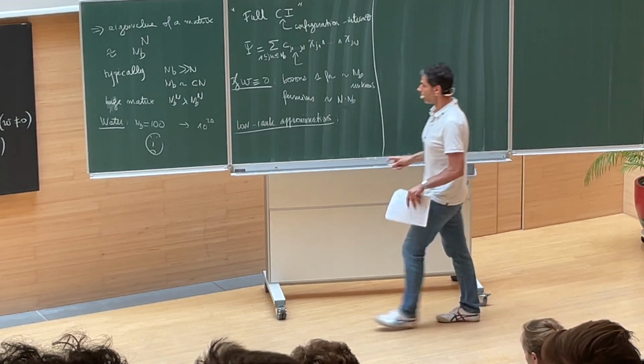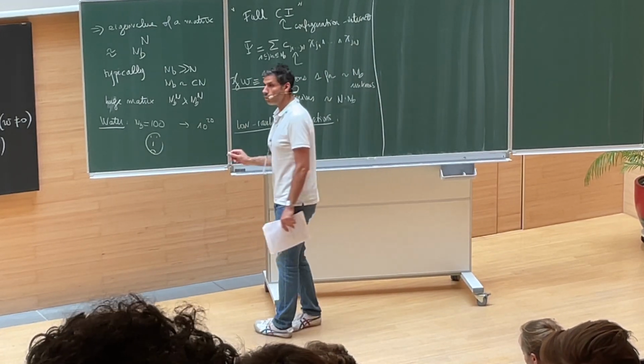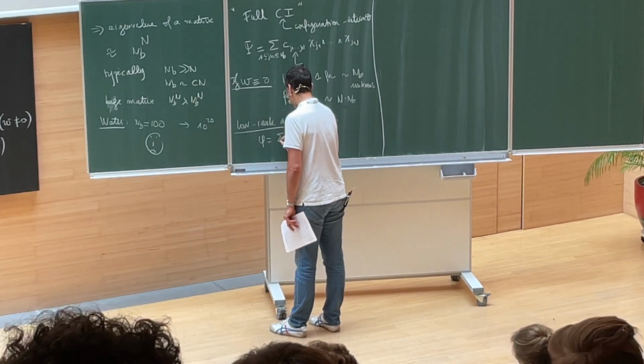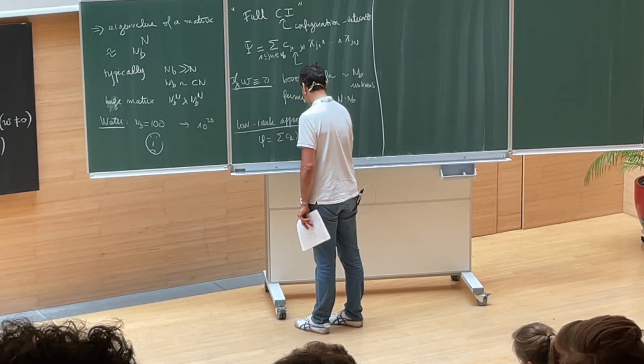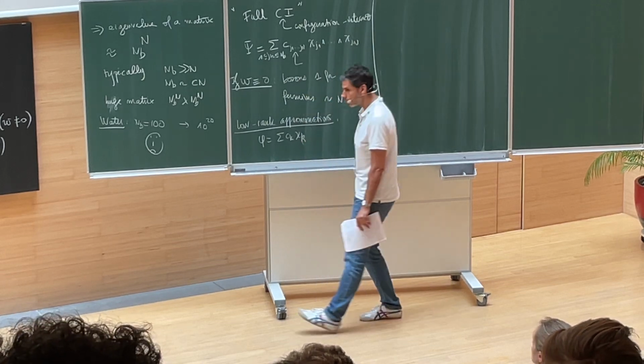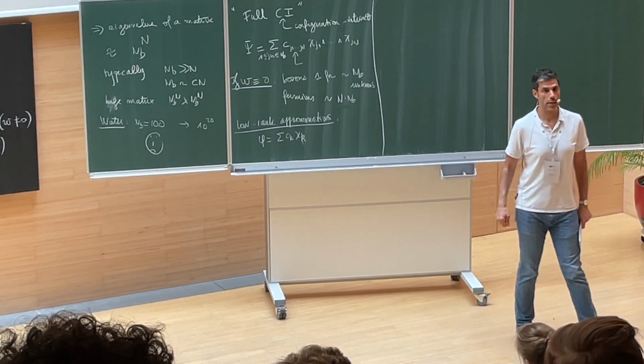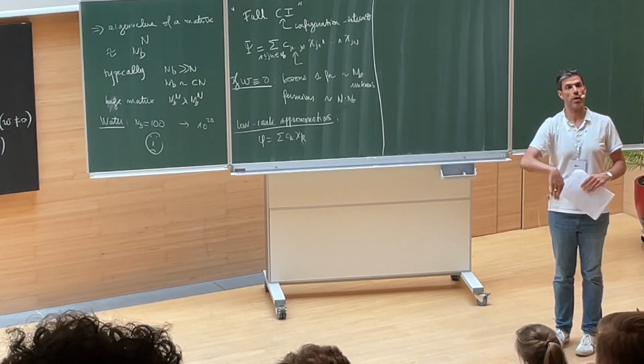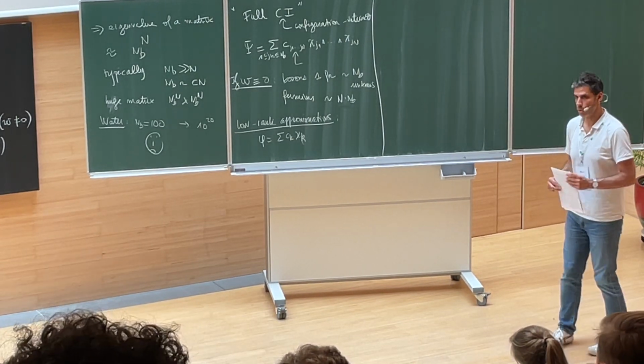So for bosons, you can only pick one function, one phi, that you write as a sum of c_k chi_k. In a way, it's low rank because it's rank 1. Of course, you work in dimension N_b, but you're looking only for one function.